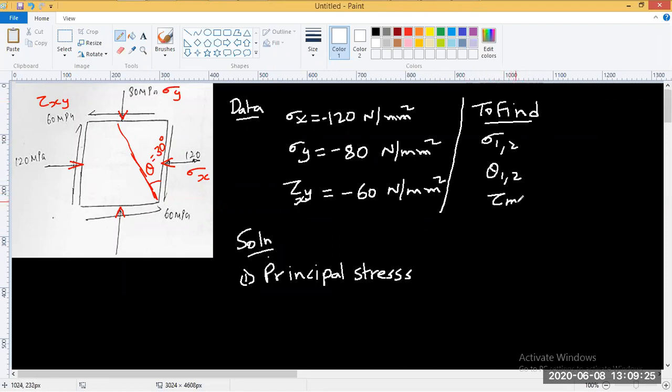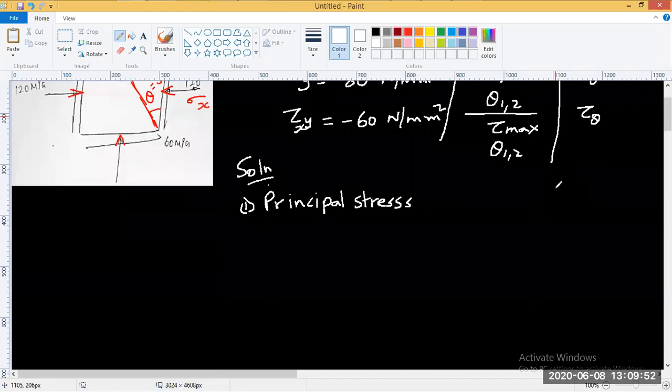Then tau max and the direction of shear, the angle of shear stress, again theta 1 and 2. So note these are separate. This is for principal stress and this is for the shear stress. Also you need to find the normal stress, sigma theta and tau theta. This is somewhat like a worst case scenario problem.